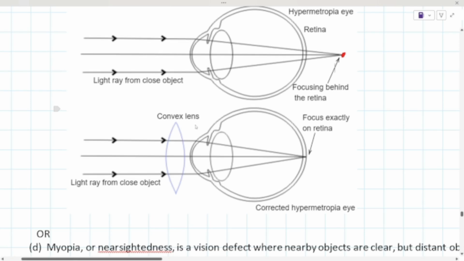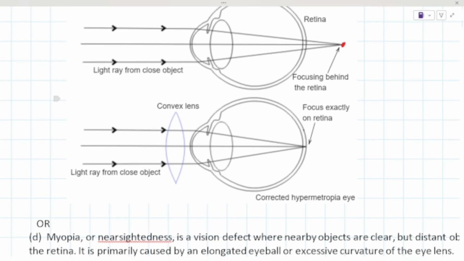We will use the convex lens to correct it, so the image falls on the retina, corrected hypermetropia eye.